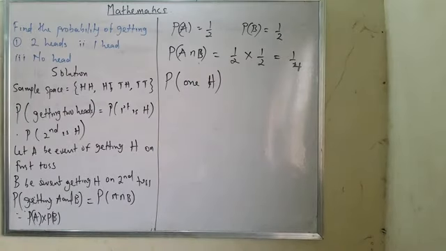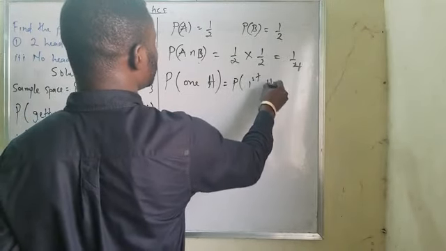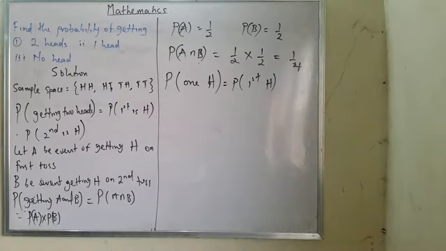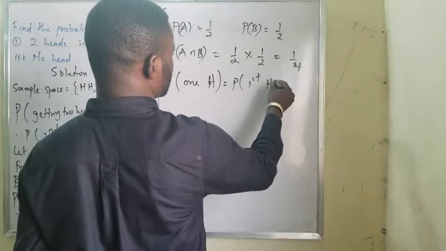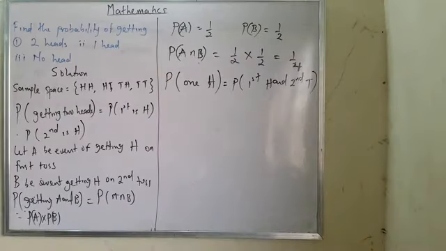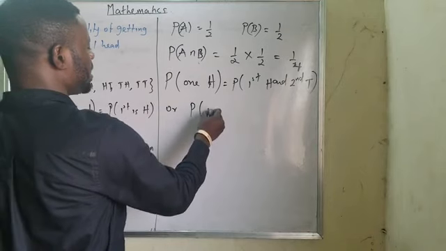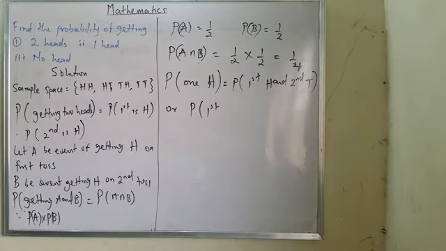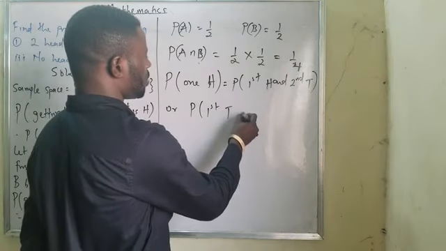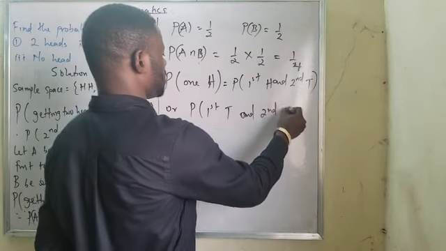What I'll do is say the probability that the first is head and the second is tail, or the probability that the first is tail and the second is head.